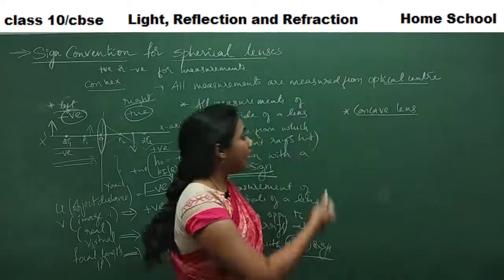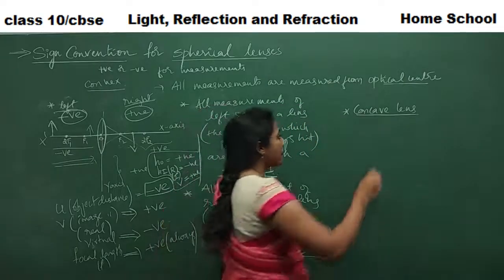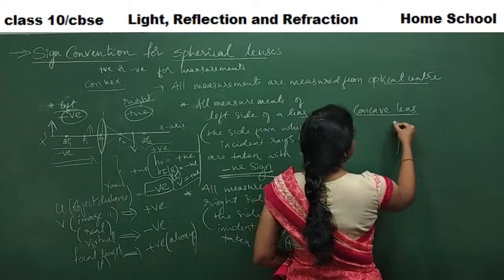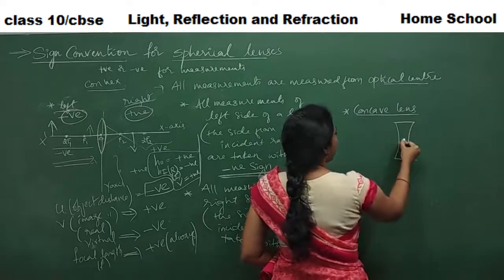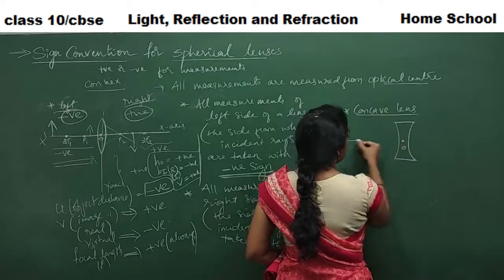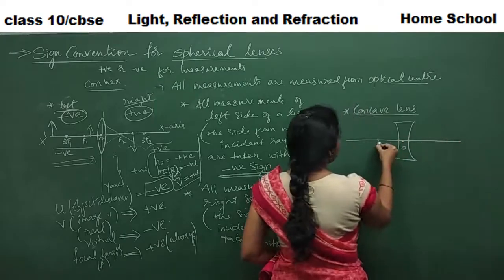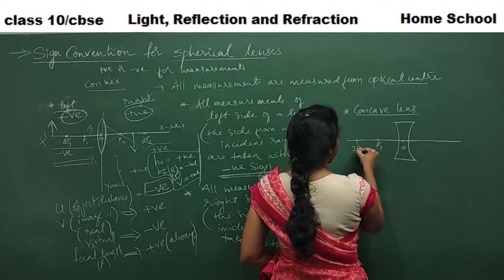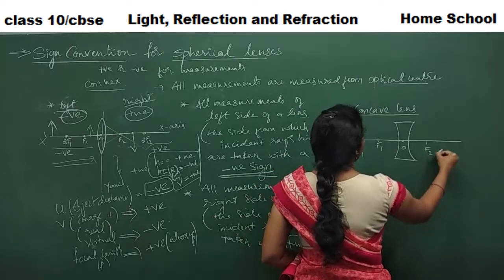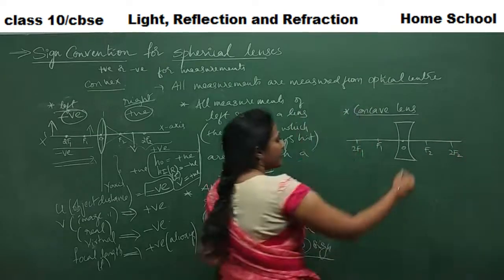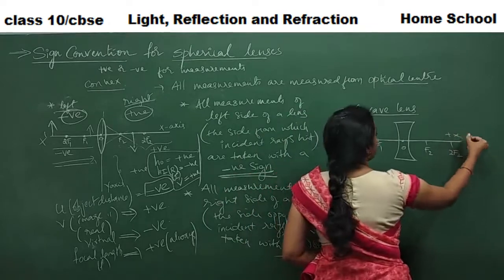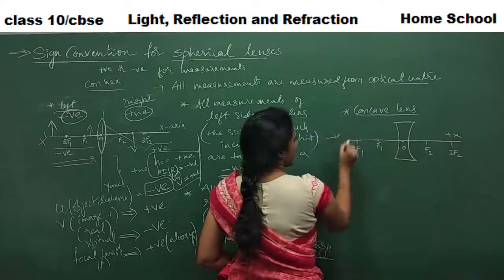And now coming to the concave lens, let us see the signs of v, u and f. So this is our concave lens, and we know this is F1, this is 2F1, this is F2, and this is 2F2. This is the positive x-axis, and this is your negative x-axis.